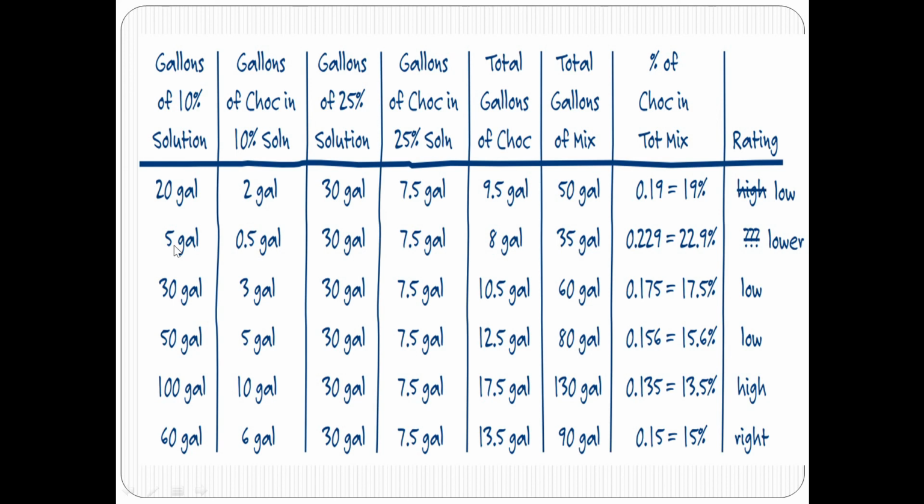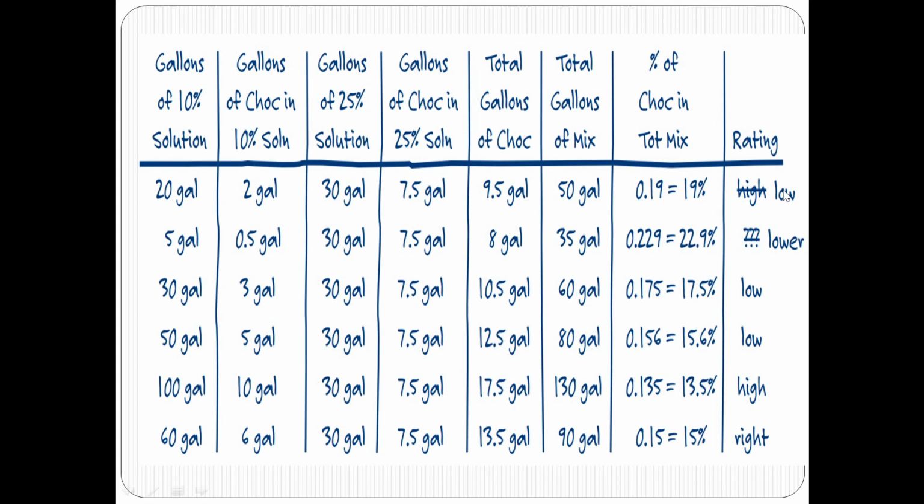You add the whole. 5 gallons plus 30 gallons, that's 35 gallons. Once you have the whole and you have the part, to find the concentration, you'll divide chocolate by the whole and you'll get 22.9%. This is very high. This is not what we want.